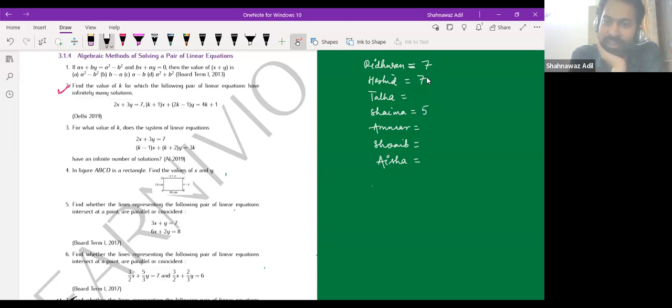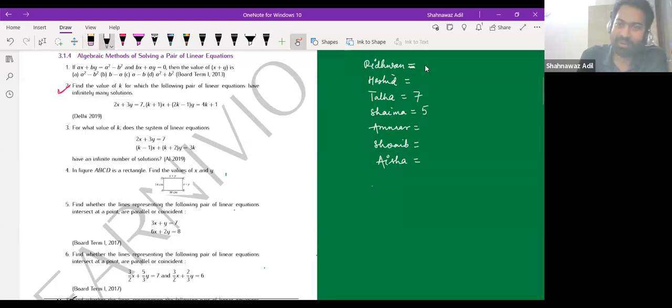And Tala, Amar, Shoaib, Aisha, what about you guys? 7. Sorry, sir, it's 5. Sir, I'm getting 5. Sir, it's 7. Sir, don't change mine. I'm still 7.